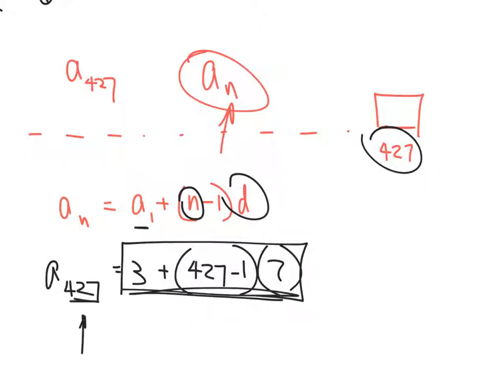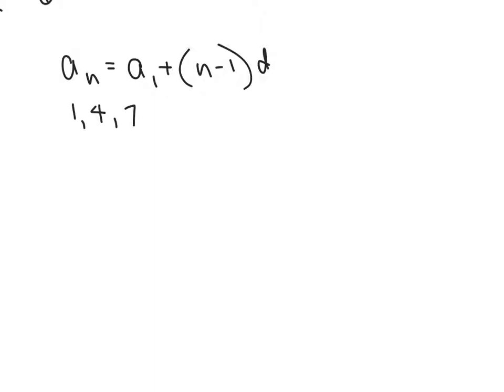So let's look at a real example here using this formula. Okay, so let's say I want to find the 25th term. I've got the sequence of numbers that just goes on and on and on. I'm looking for the 25th.